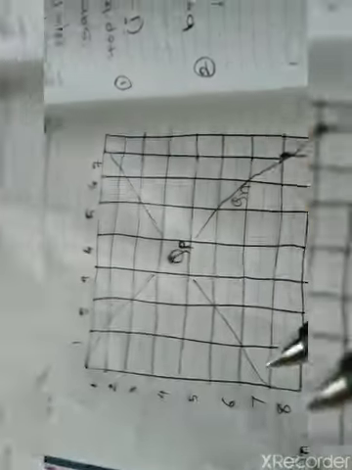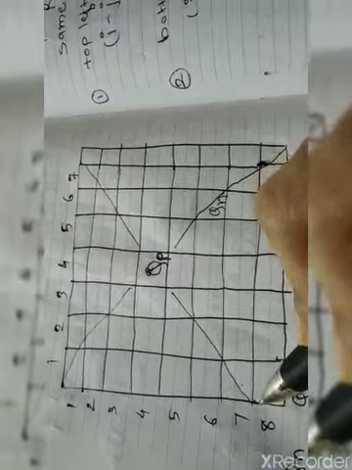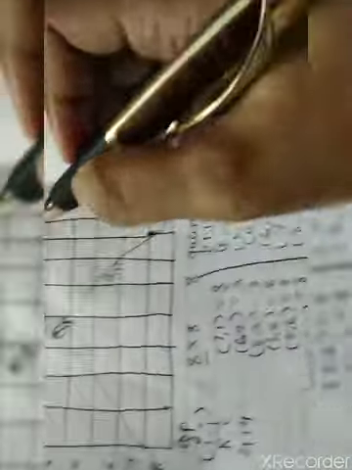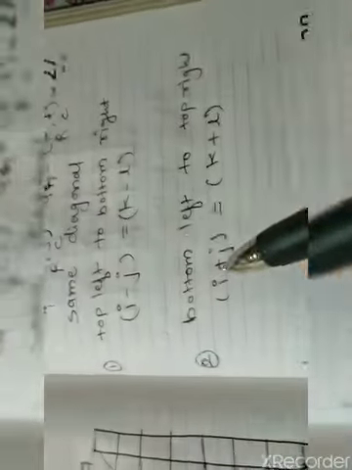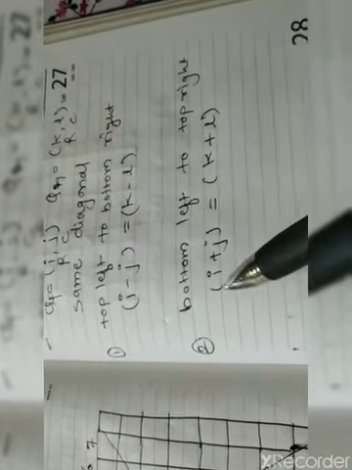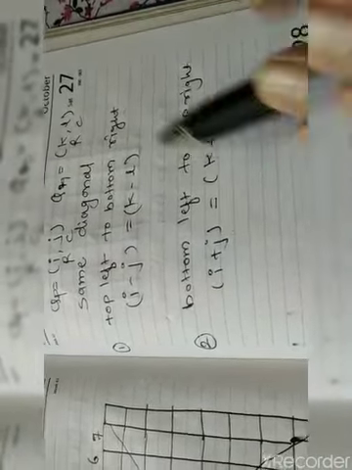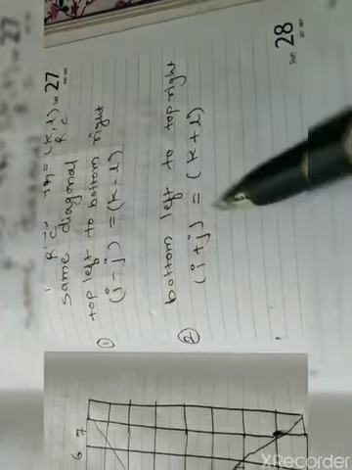Now check for the other diagonal. If the diagonal is from bottom left to top right, then the observation is it is row plus column. So for QP, R plus C means I plus J is equal to K plus L for the other queen. Let us check it.